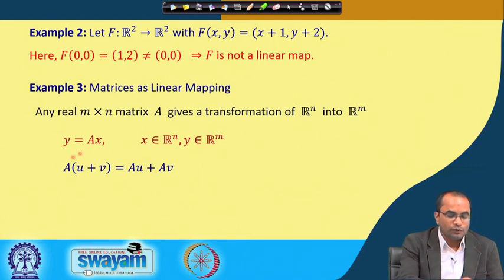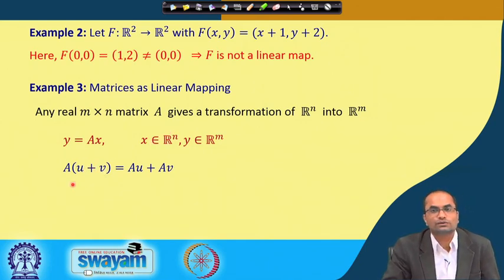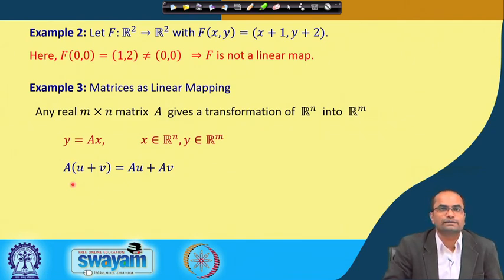And there are two linear properties. When we apply A on u plus v, where u and v are elements from R n, we get A u plus A v, and that is what we were looking for in a linear map. This is one of the properties which must be satisfied for a linear map.